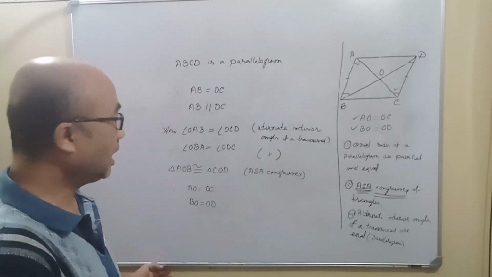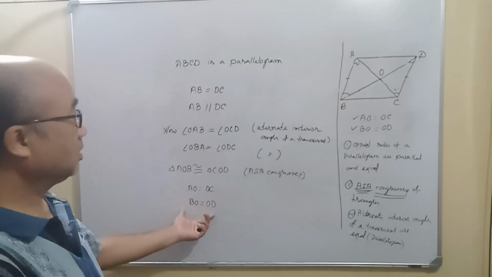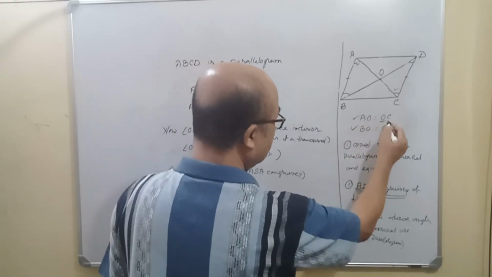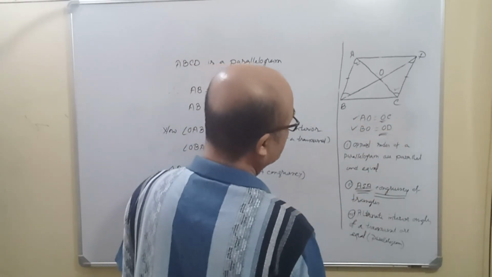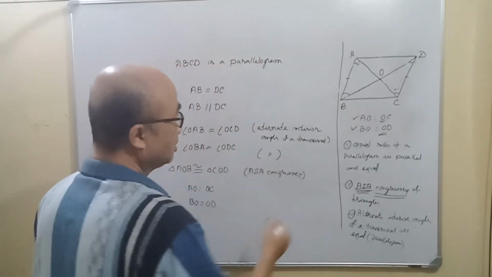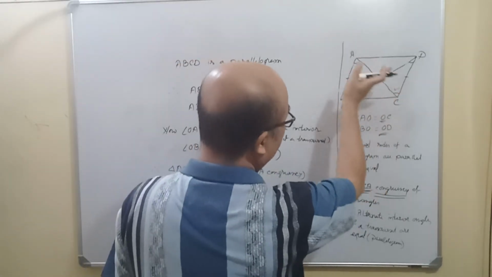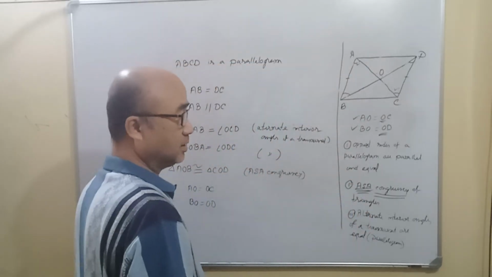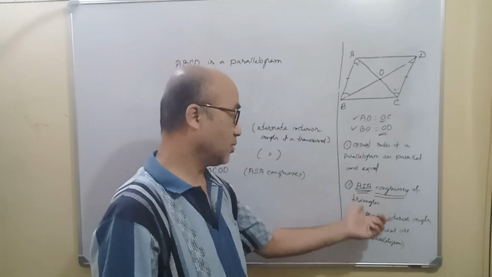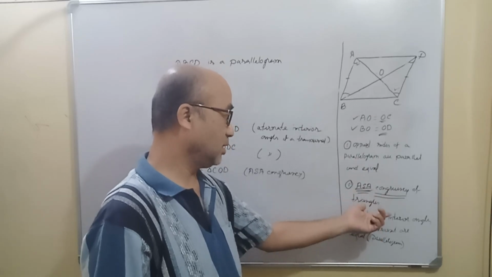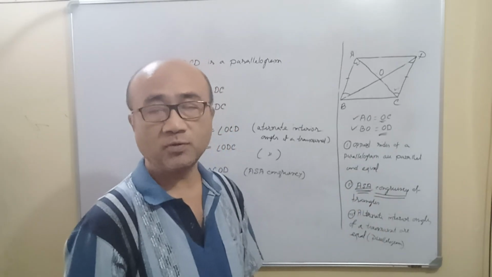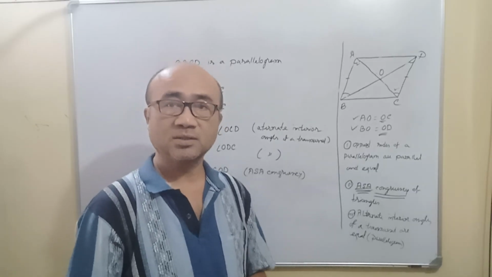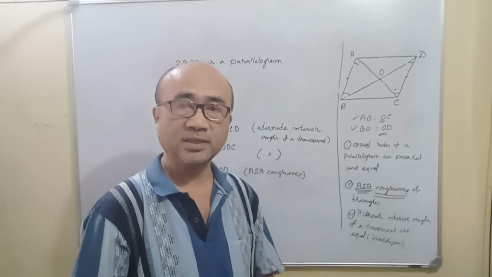So we have AO equal to OC and BO equal to OD, which means the diagonals bisect each other or divide each other equally. So by using this property and congruency of triangles, we can prove that in a parallelogram the diagonals will always bisect each other.